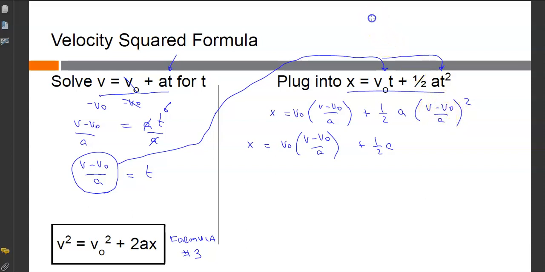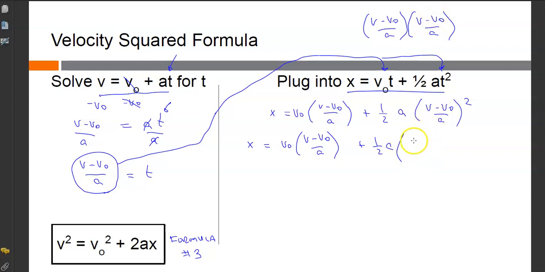Now, if you need to, you can write that whole thing out. Here it is one time, and I want to multiply it by itself. Basically on top, I need to take v times v, then v times negative v naught, and negative v naught times v, and negative v naught times negative v naught. Remember the FOIL method? That's all we're going to do here.